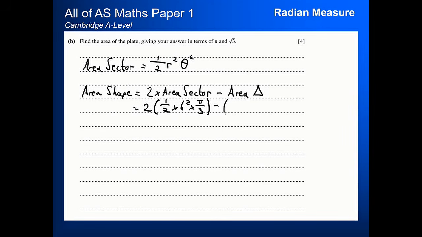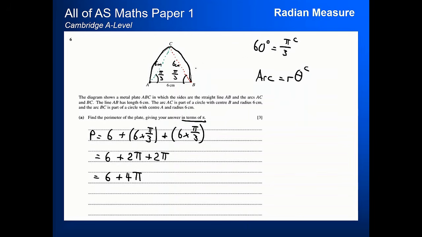And now we need to minus the area of the triangle. Here we need to use a formula you should be familiar with from iGCSE, but just in case we've forgotten, the area of a triangle is equal to a half ab sine C. So make sure you know this formula very, very well.